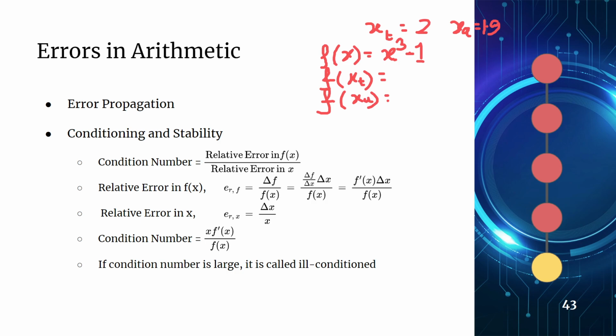As it is x cube minus 1, we can say the value for xt should be 7, but as xa is 1.9, the result will be 5.859 if I'm correct.